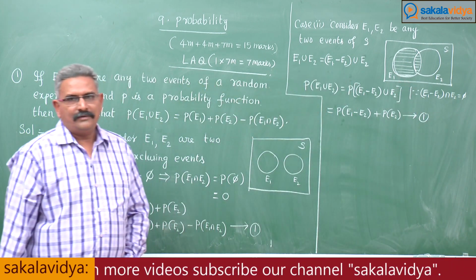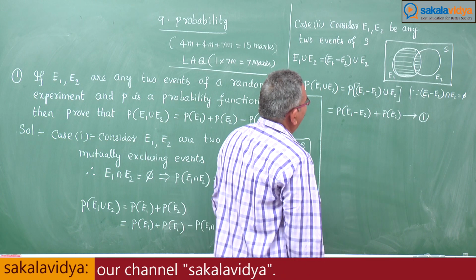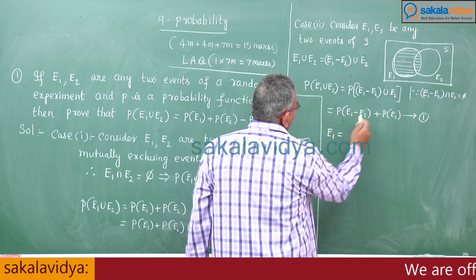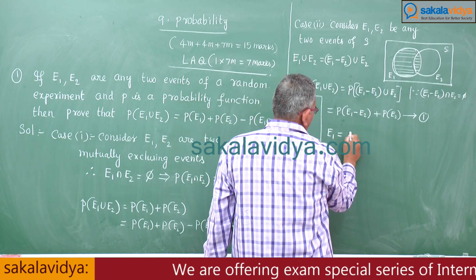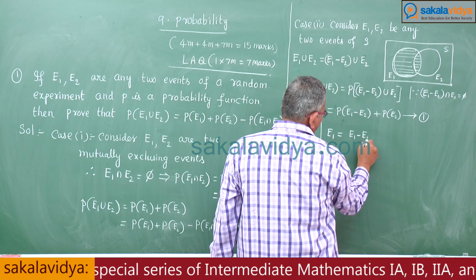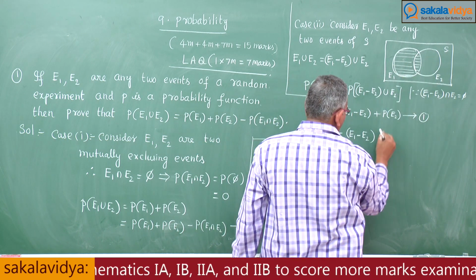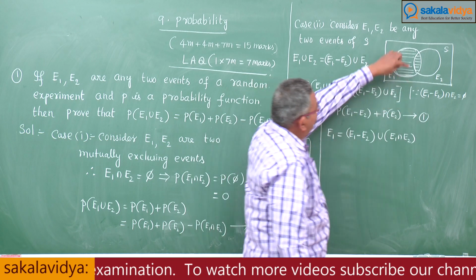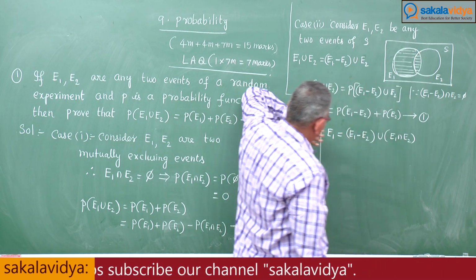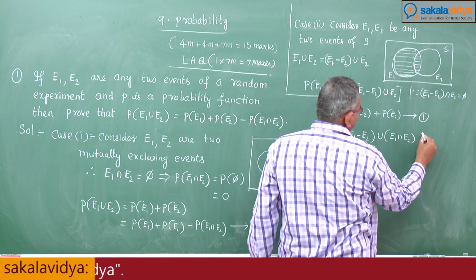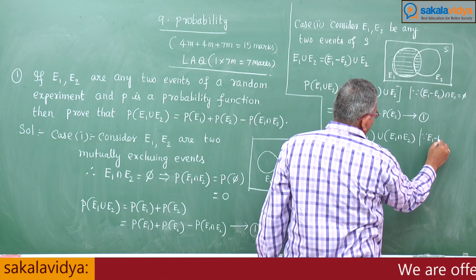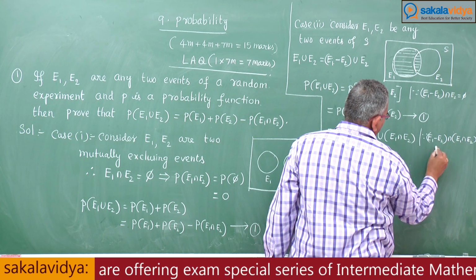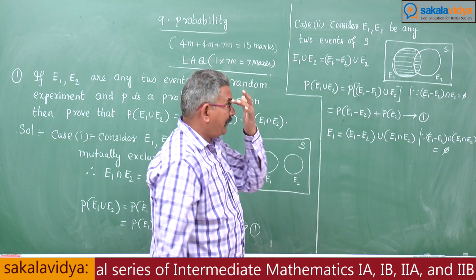Now, let us write E1. Consider E1. This E1 can be written as E1 minus E2 union E1 intersection E2. Am I correct? See, this part plus this part gives us E1. Also, since E1 minus E2 intersection E1 intersection E2 is equal to phi, now apply the probability.